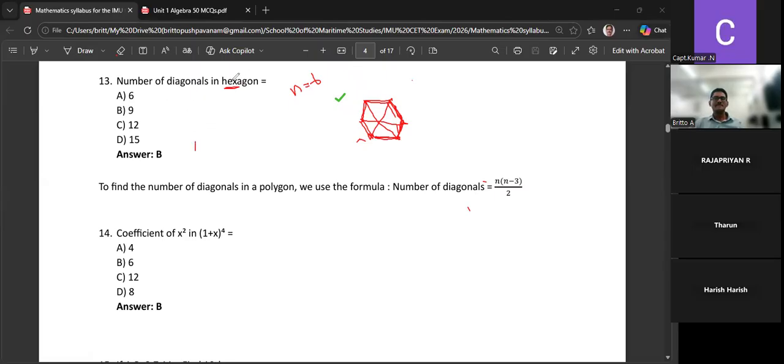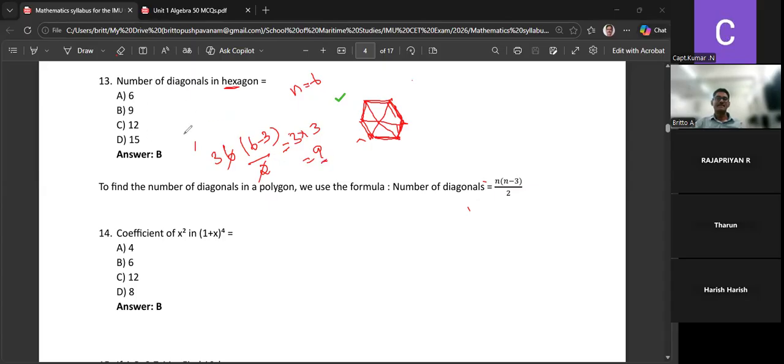So here hexagon is n equal to 6. If you put n equal to 6, this is 6 into 6 minus 3 divided by 2. So we get 3, and 6 into 3 divided by 2 is equal to 9. So totally there are 9 diagonals.